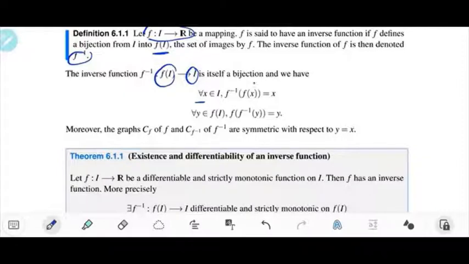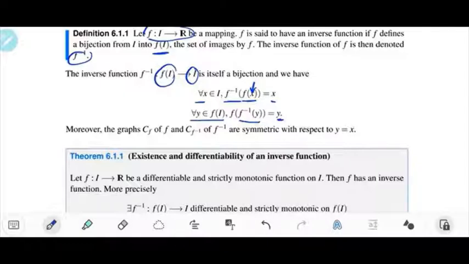So if you take x in the domain of f, you calculate the image of x, and then you calculate the image by f minus 1, which will bring it back to the domain of f. We will have x. And for all y in the range of f, so y is an image of some x, then f minus 1 of y will bring it back to the domain of f, and then f of what we obtained will bring us back to y.